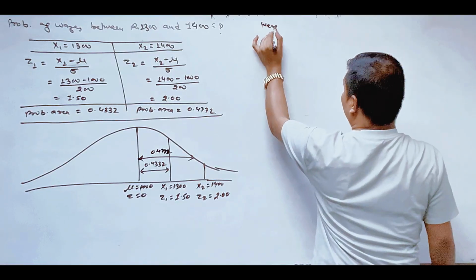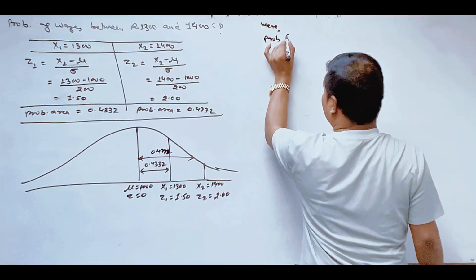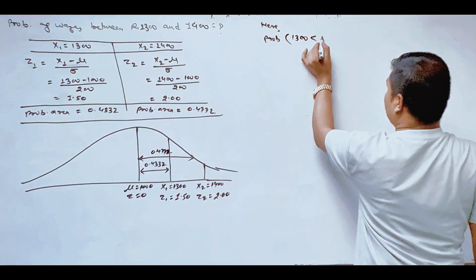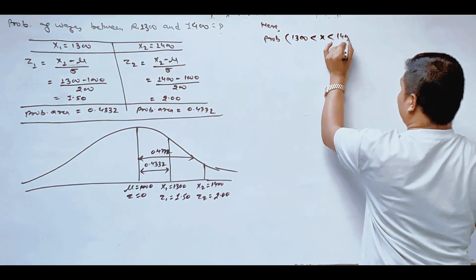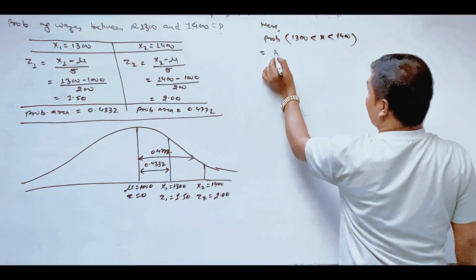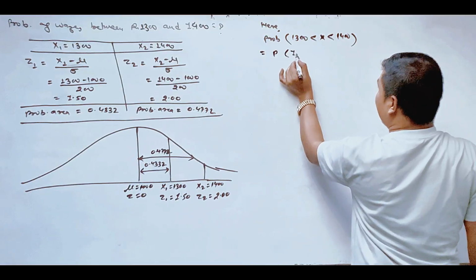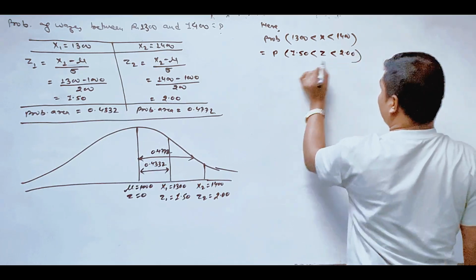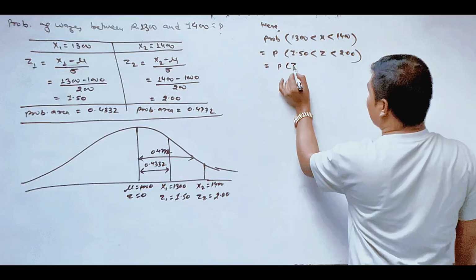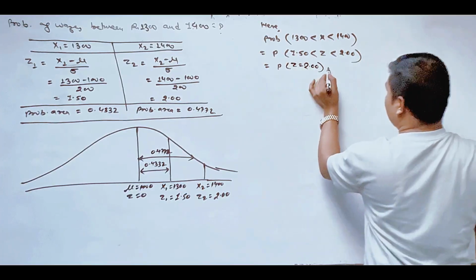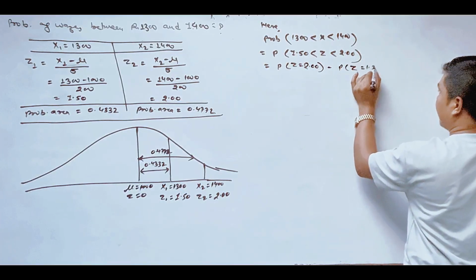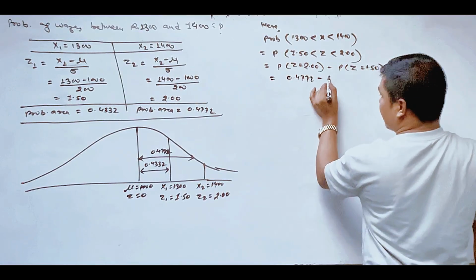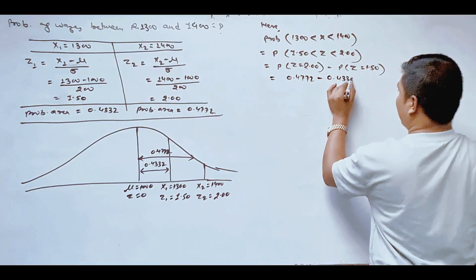Here, the probability of x between 1300 and 1400, converting into z, is P(1.5 < z < 2.00), which equals P(z = 2) minus P(z = 1.5). 0.4772 minus 0.4332.